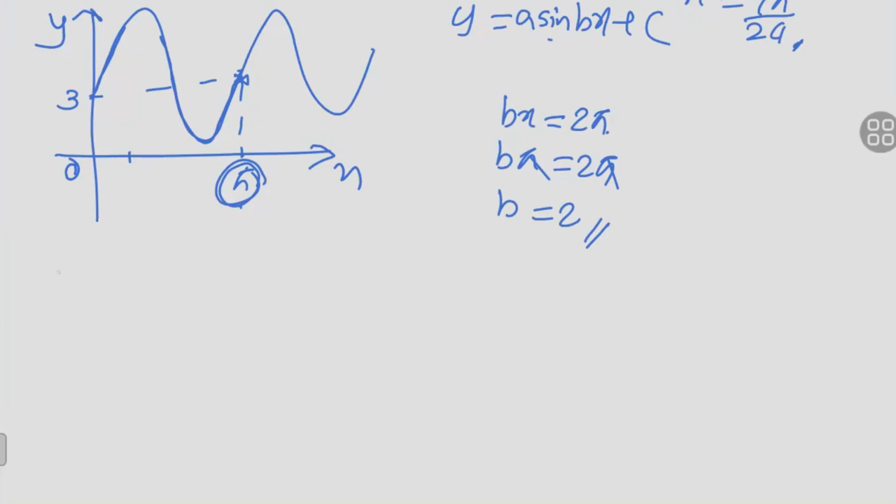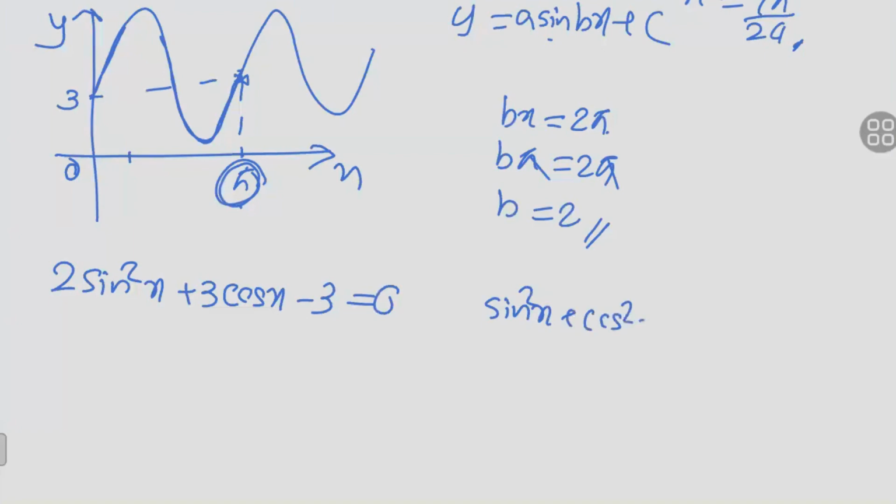So then you should know, solve the equation 2 sine squared x plus 3 cos x minus 3 equals 0, right? No simplification; only three relationships we need to use. Sine squared x plus cos squared x equals 1. Convert this to cos form: sine squared x equals 1 minus cos squared x, right?